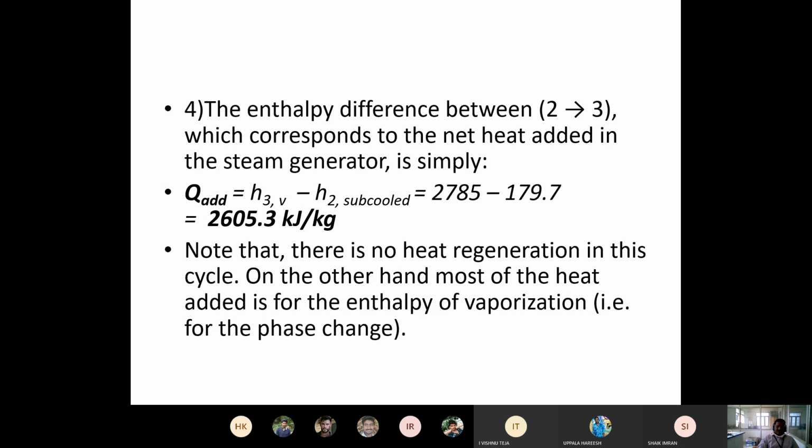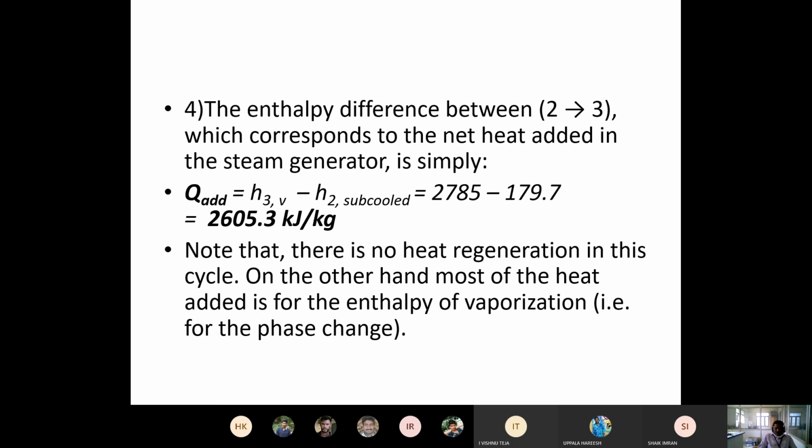So H3 value directly taken, Hg value at 6 megapascal, 2785, minus 179.7. H2, HF2, this is nothing but HF2 value at the pressure at which the pump is operating.